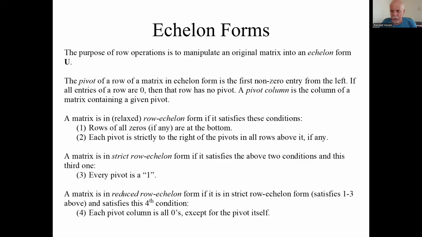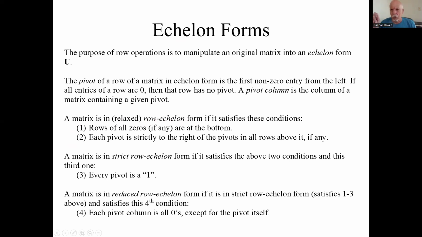We're about to start doing elimination, and the whole point of that is to do row operations to manipulate a matrix into an echelon form. To begin with, all we really need is the relaxed row echelon form. This means get into these two criteria.